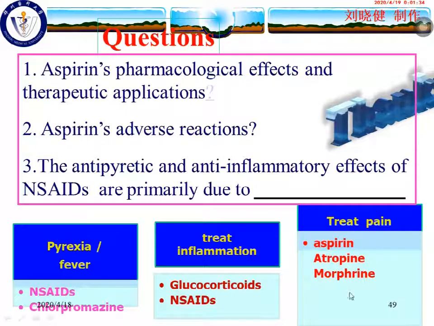These two drugs are also used to relieve some pain. Atropine is used to relieve pain related to smooth muscle spasm. And morphine, to treat severe pain, you usually choose morphine. For mild to moderate pain, we often choose aspirin or other NSAIDs.